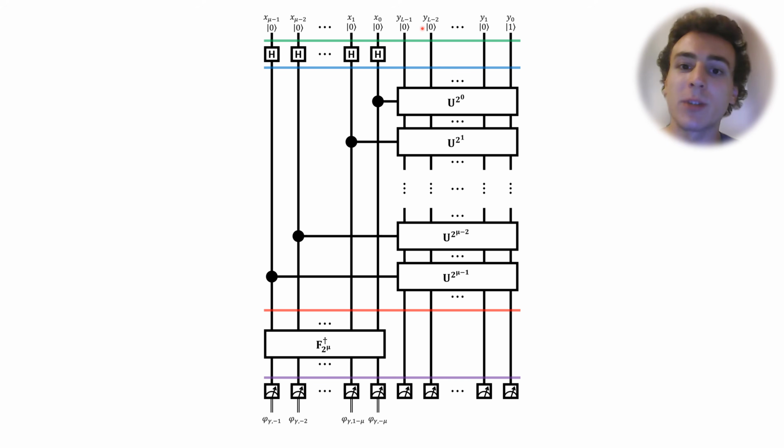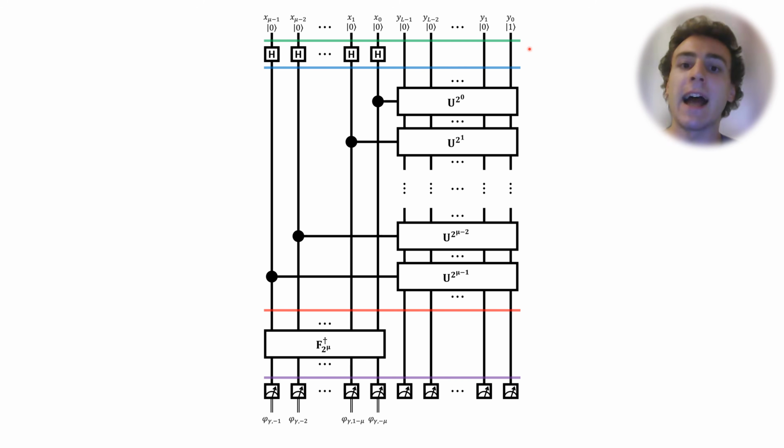So we have 0, 0, 0, 0, all the way up to the second last bit, and then the final bit is equal to 1. That is a representation of 1 in binary. It's an L-bit representation of that state. And this state is actually equivalent to a superposition of eigenstates of this unitary operator. So that is very important. This is a very nuanced point that allows us to perform this order finding algorithm.